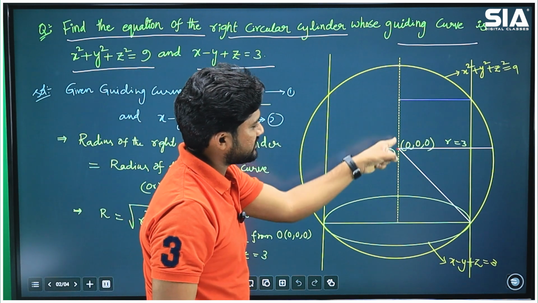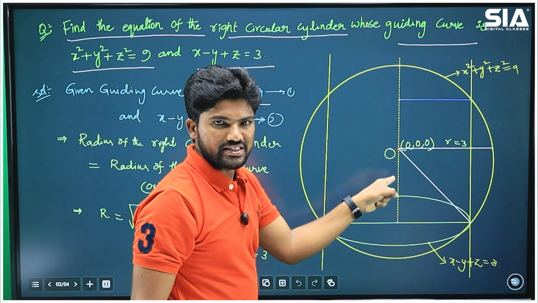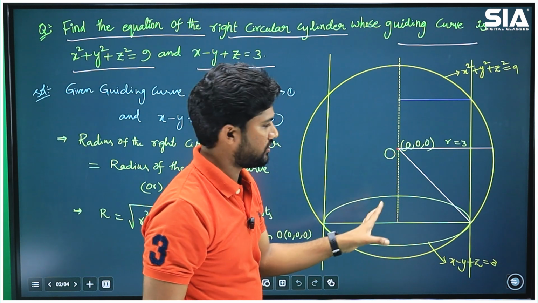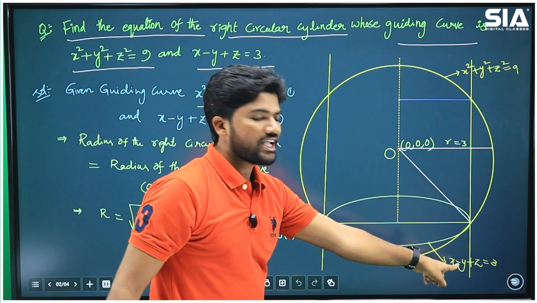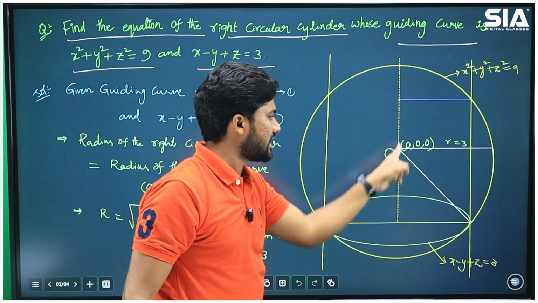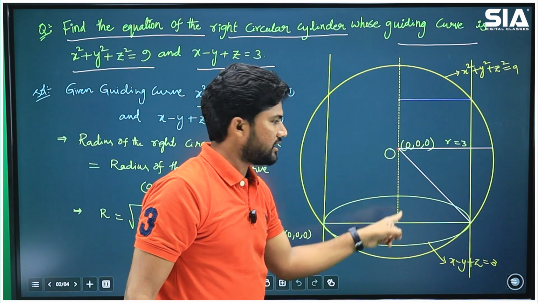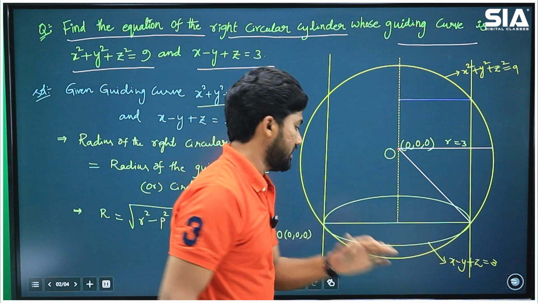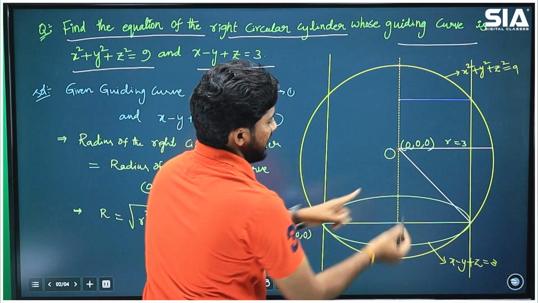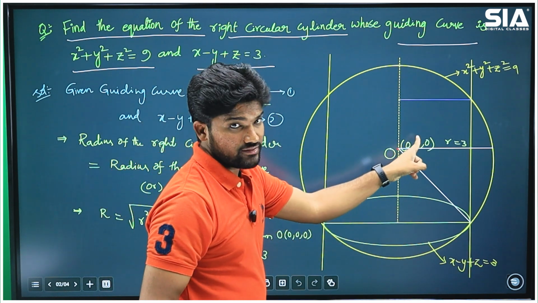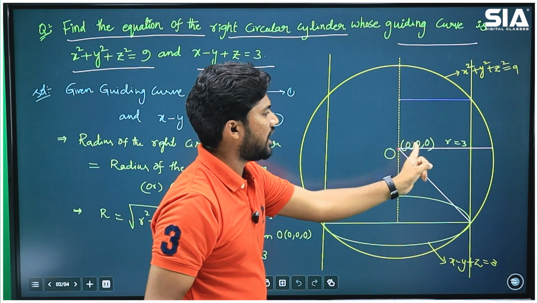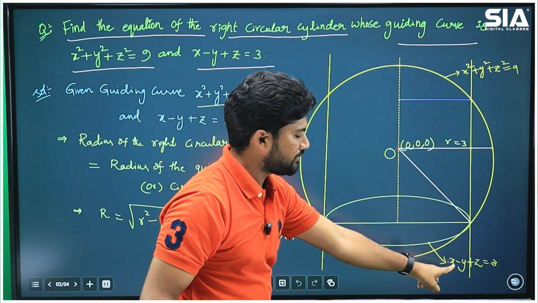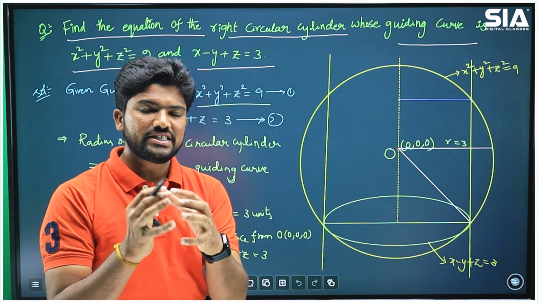That axis is passing through 0, 0, 0 and perpendicular to the given plane. So take this point as any point x1, y1, z1, or alpha, beta, gamma. And from this given plane we can write the direction ratios.